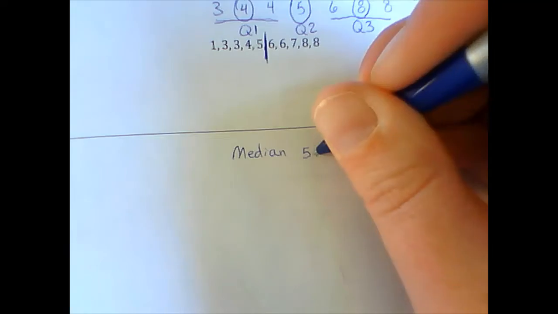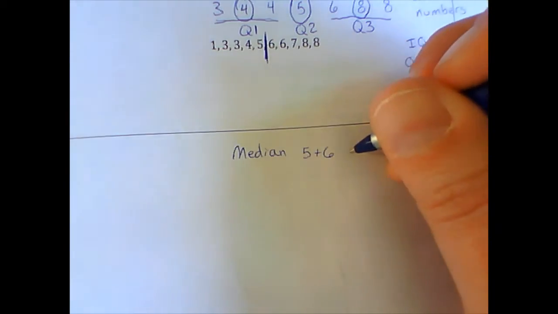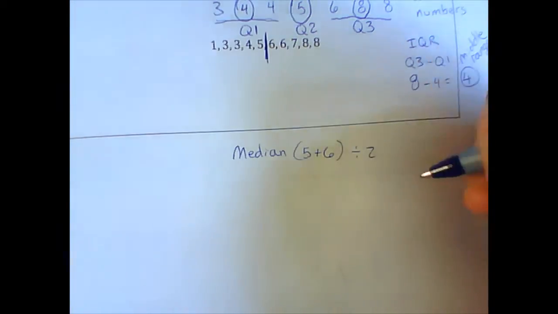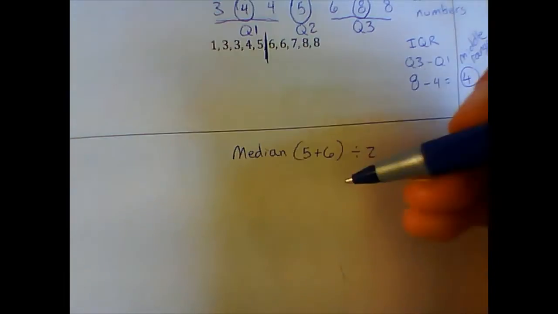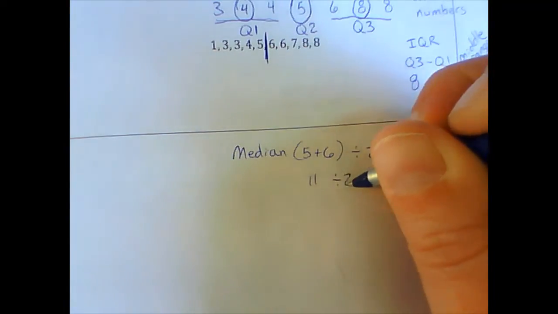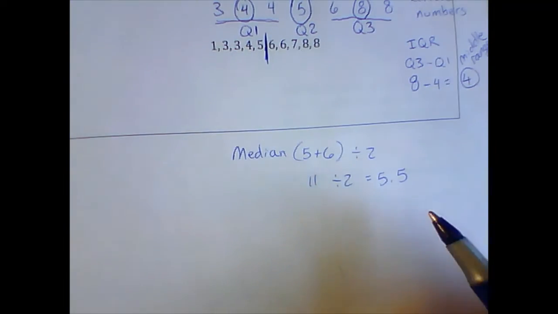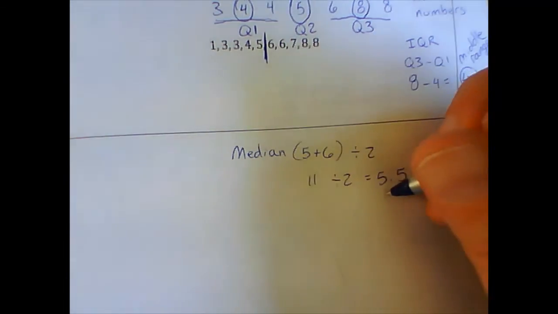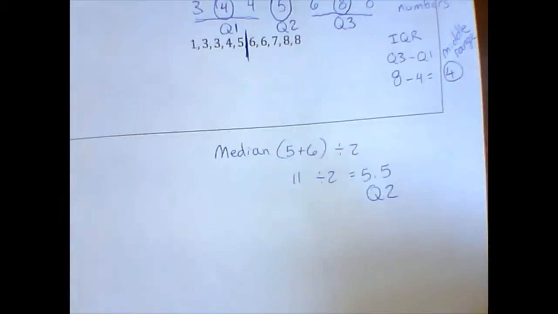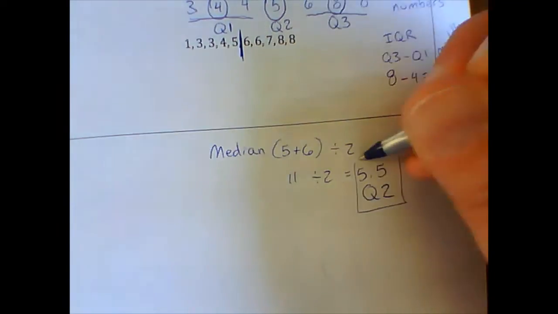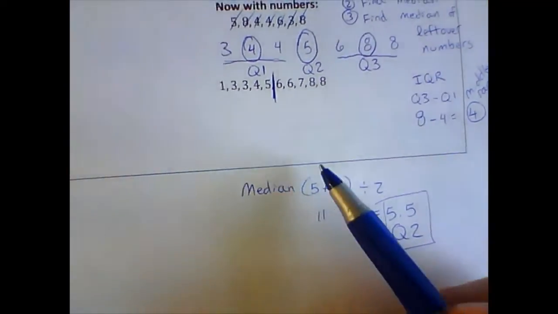So we're going to add the 5 and the 6. And then once we get a total for that, then we're going to divide. Don't divide too early. So 5 plus 6 is 11. And we're going to divide that by 2 and get 5.5. That's the median. It is also Q2. So we now know what Q2 is.